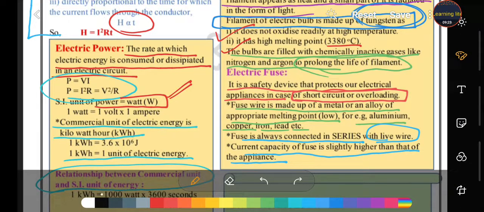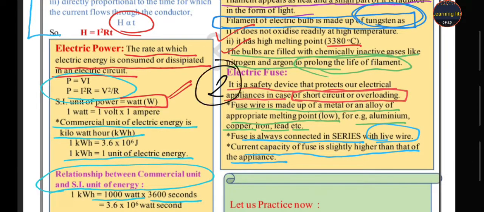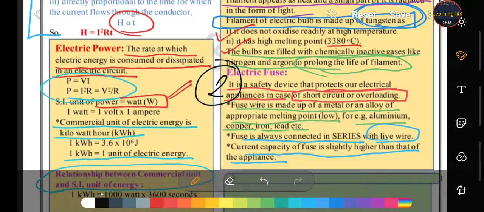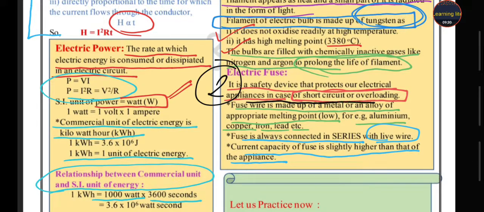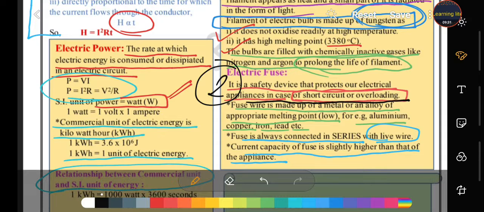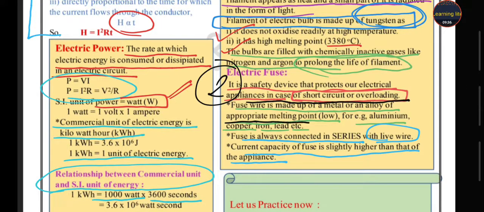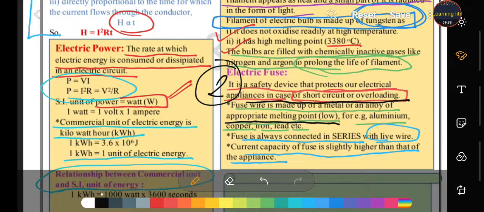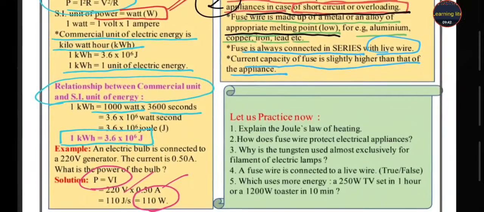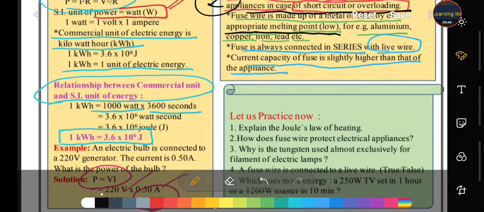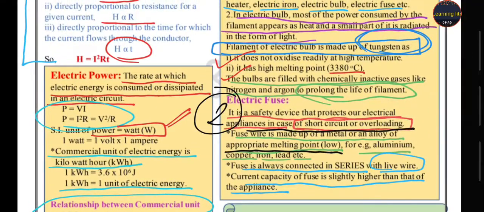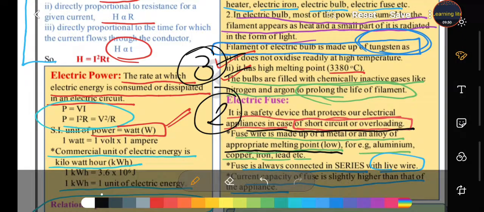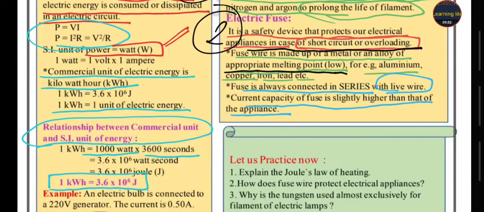It is a safety device, students, and it protects our electrical appliances in case of short circuit and overloading, because it melts due to its low melting point and saves our appliances. The third question: why is tungsten used for electrical lamps? These are the advantages of tungsten we studied here. Two advantages you can write from here.